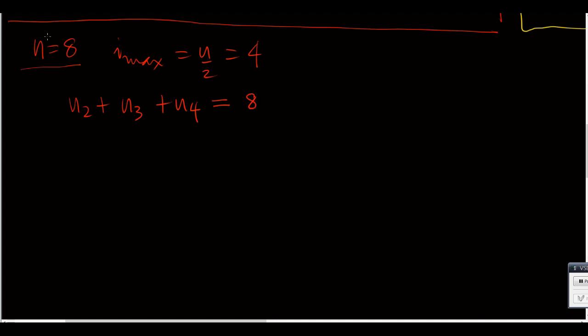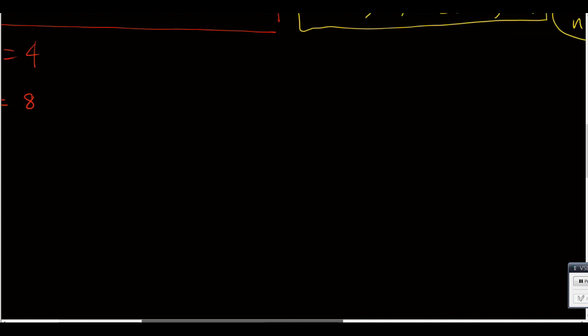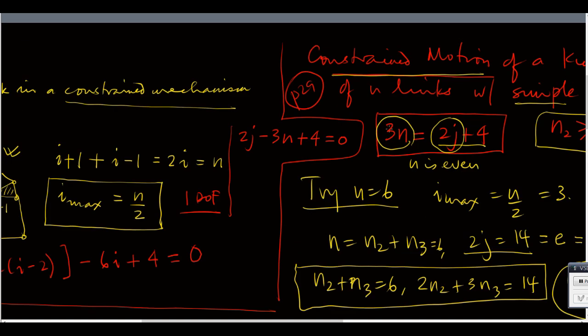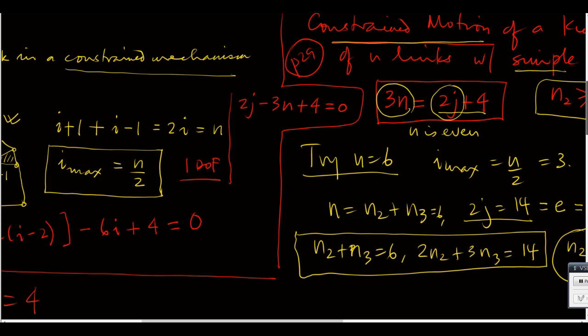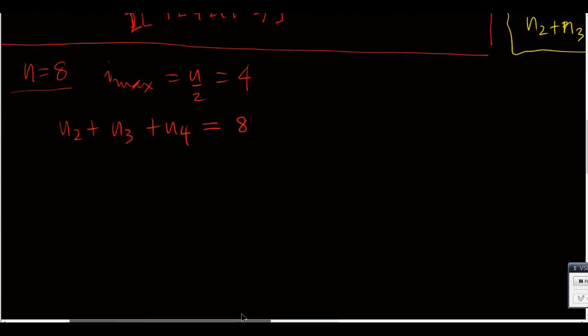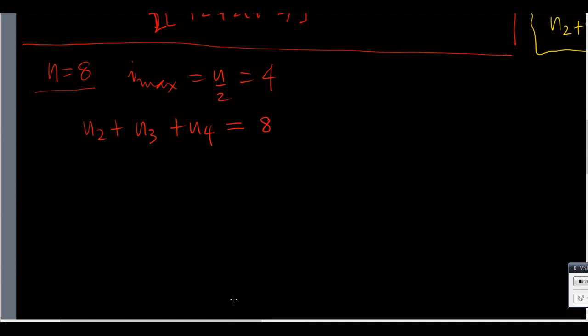Also, we keep going back to the same equation again and again, right? 3n is 2j plus 4, or 2j is 3n minus 4. So we say 2j equals 3n minus 4, which is 20.